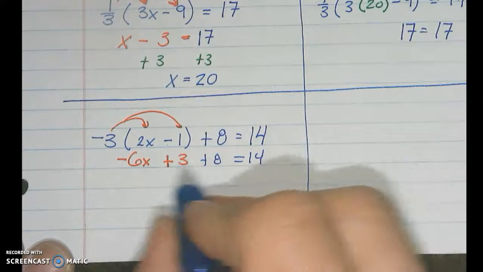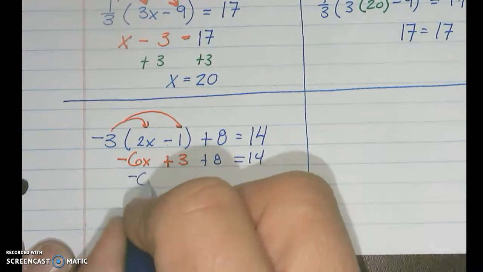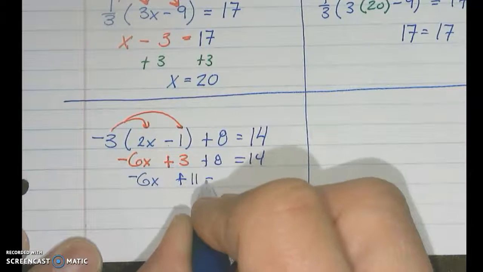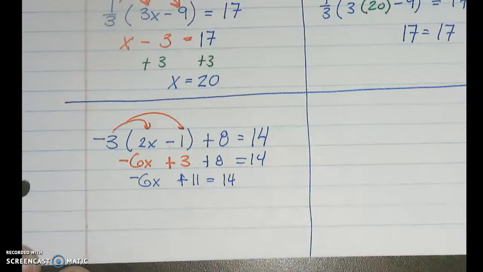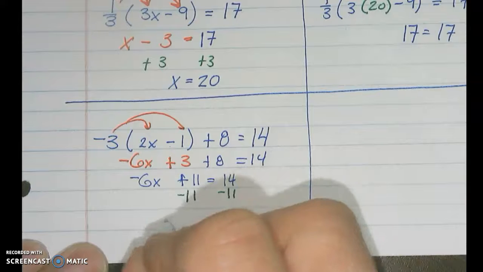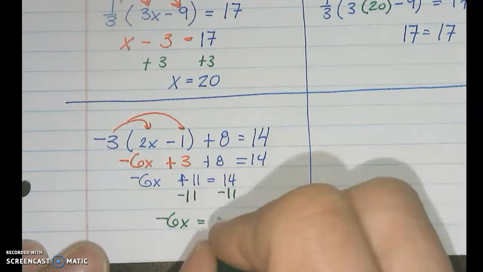What do I do with this term right here? Add them together. So I get negative 6x plus 11 is equal to 14. All right. How do I get rid of that 11? Let's subtract it. So we get negative 6x is equal to 3.